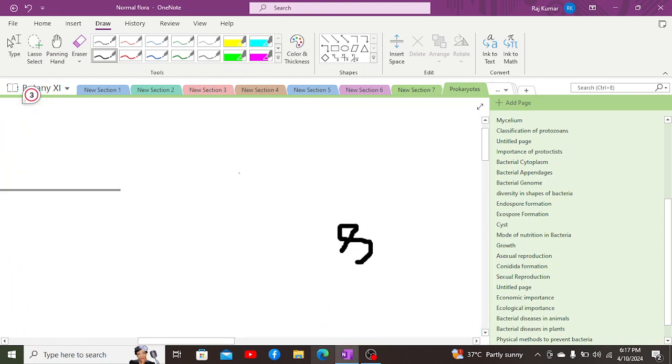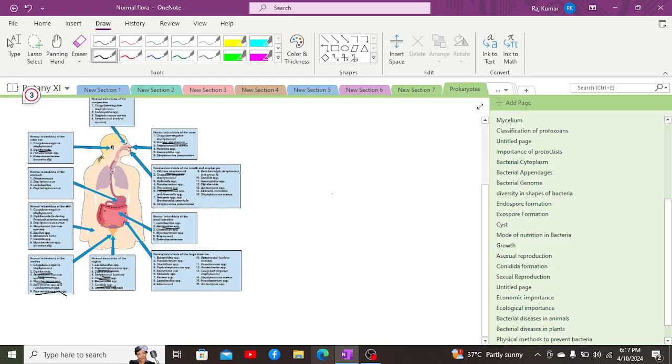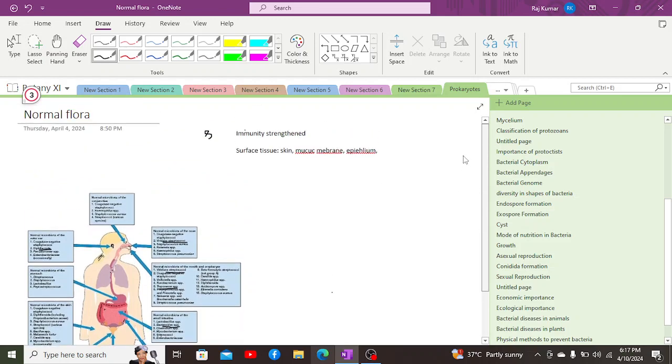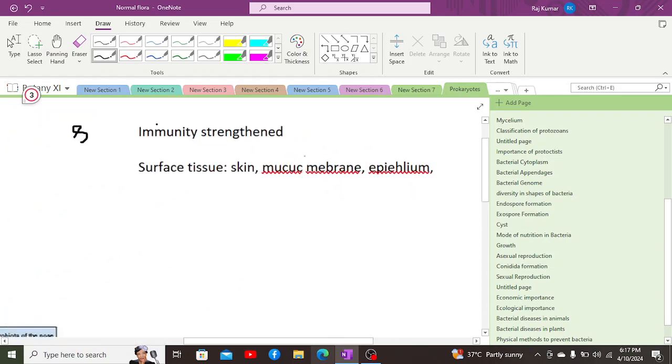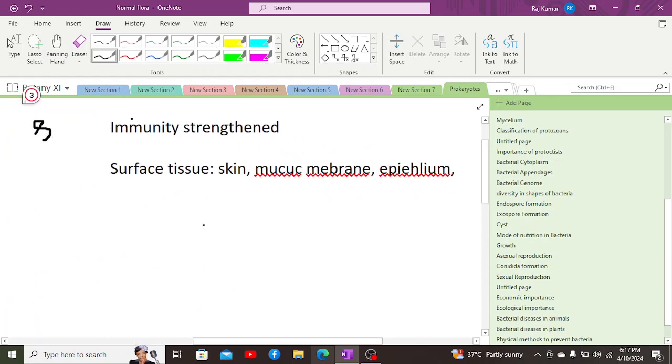Now, why are the species found in normal flora important, and what is their major purpose? Number one, these bacteria cause a strengthening of our immunity.